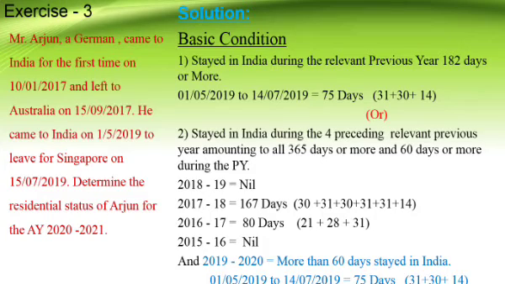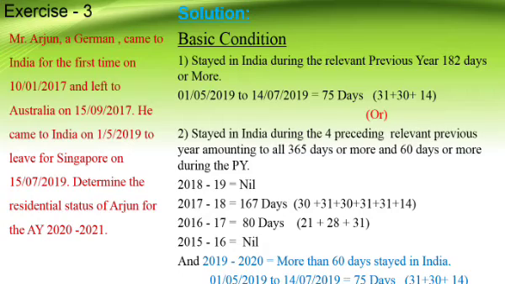So April is 30 days, May 31 days, June 30 days, July 31 days, August 31 days, then September 14 days, because on 15th September 2017 he again left for Australia. Till that period is a total of 167 days. He has stayed in India only 167 days.